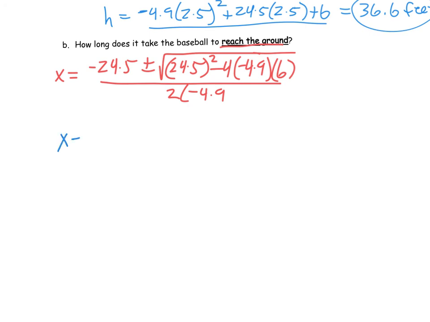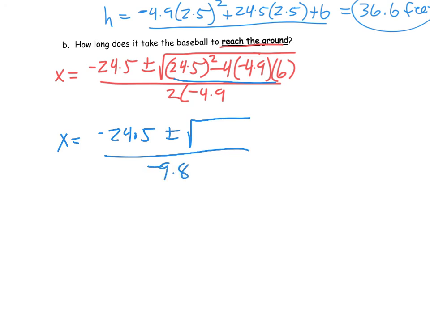So a little bit of work here now. Negative 24.5 plus or minus the square root of what? What's this number underneath here? I know this number is negative 9.8. 2 times negative 4.9 is negative 9.8. But 24.5 in parentheses squared minus 4 parentheses 4.9 and 6 parentheses.